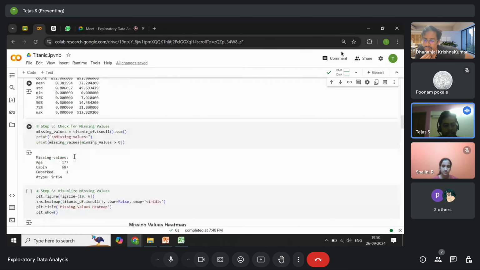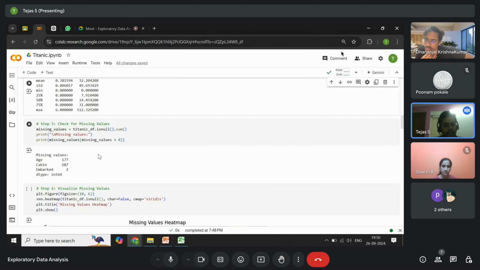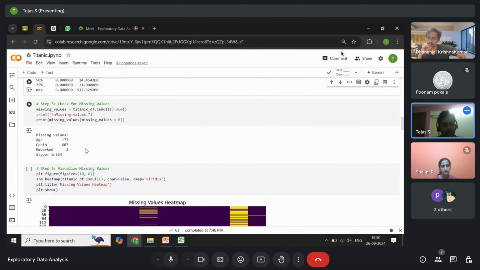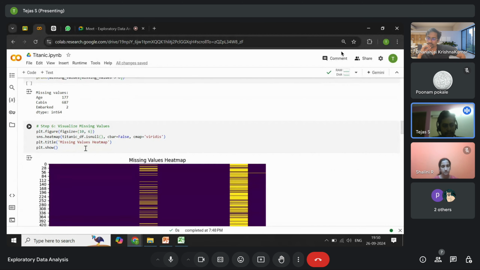Next, I check for any missing values in the columns. I find that we have some missing values in the age column and cabin column, and also in the embarked column. Next, I visualize the missing values using a heat map.